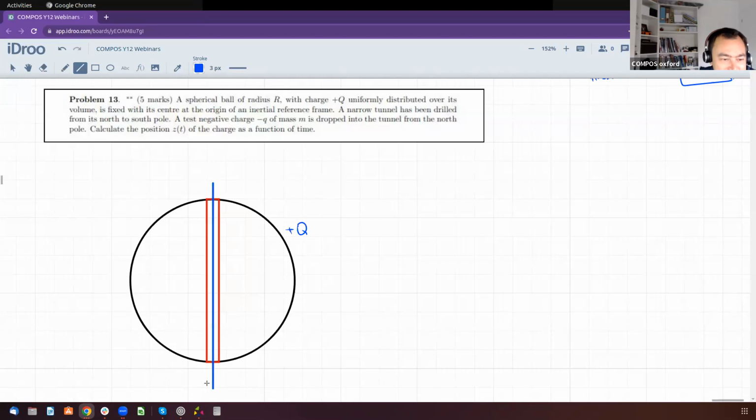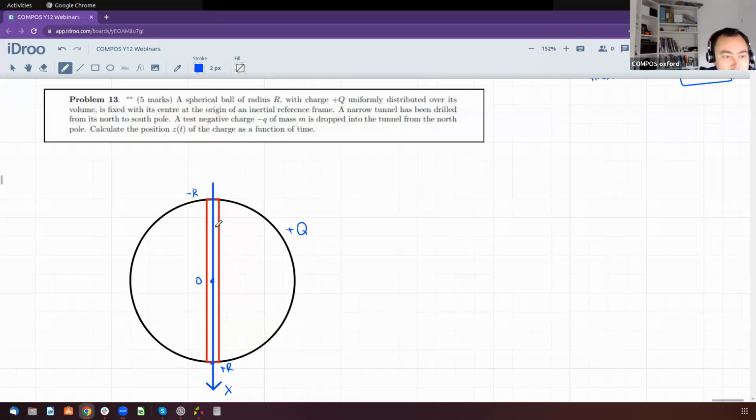Let's introduce an axis. So this is the distance. This is the x-axis downwards. So this is 0. This is minus R, and this is plus R. So I'm just introducing an x-axis.